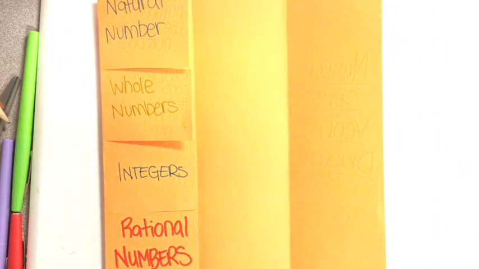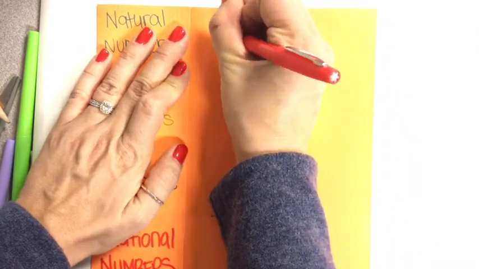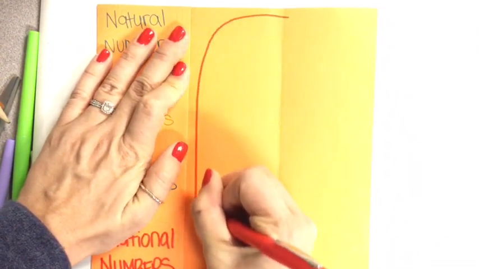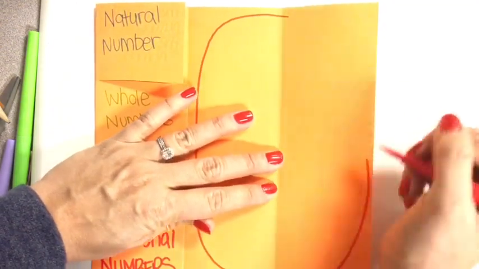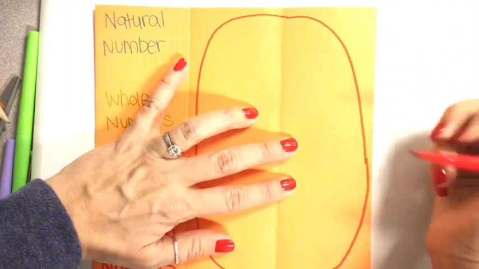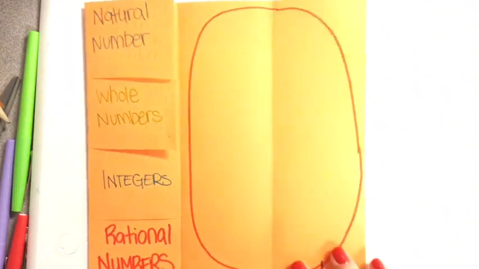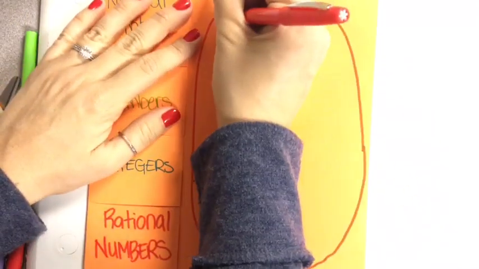So I'm going to grab my rational number color, and I'm going to make the biggest oval I can on the whole page. I know some of y'all like to have perfection, so just try your best. And we are just going to make a huge oval here. So what I'm showing is that basically the whole entire page is representing rational numbers.